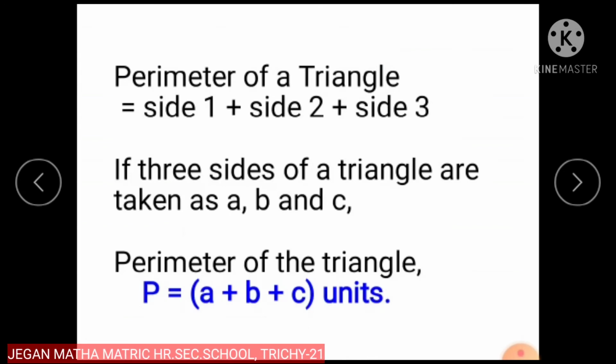If three sides of a triangle are taken as A, B and C, therefore perimeter of triangle P equal to A plus B plus C units.